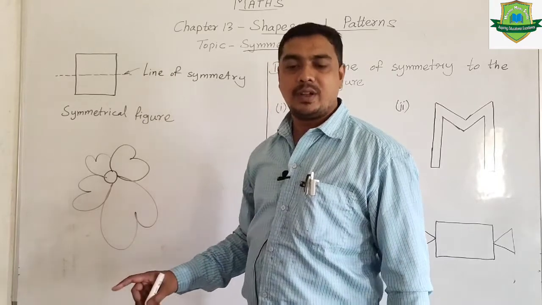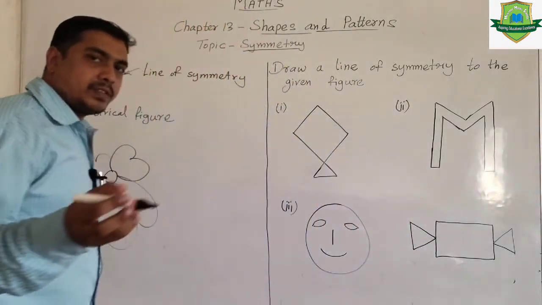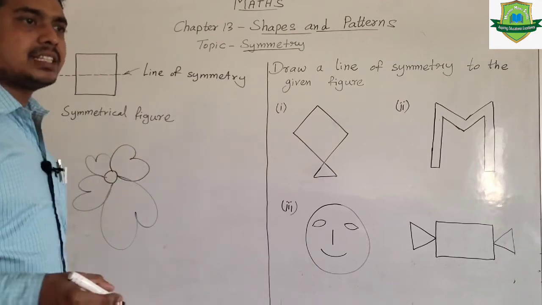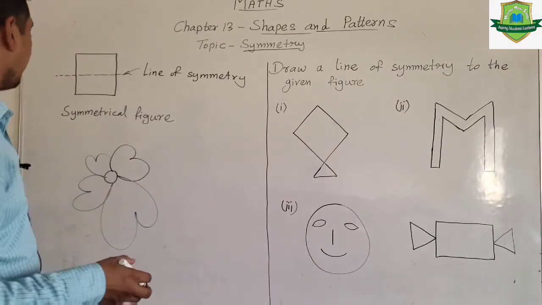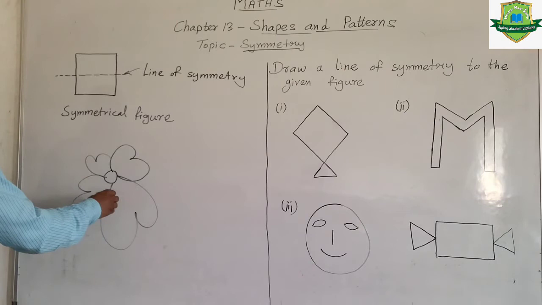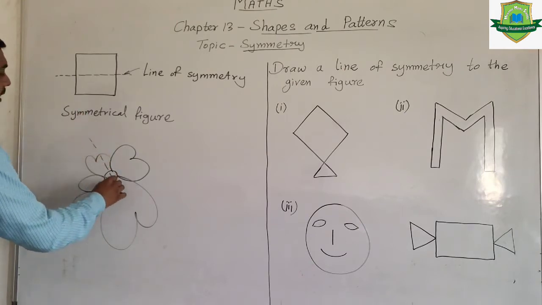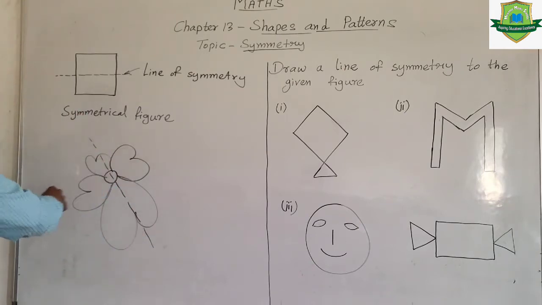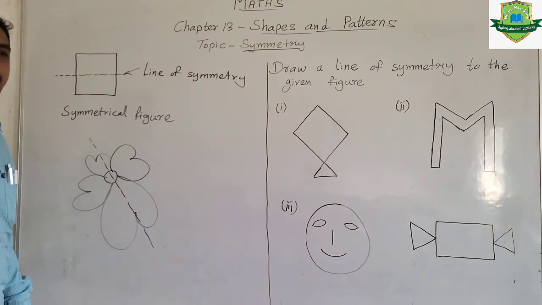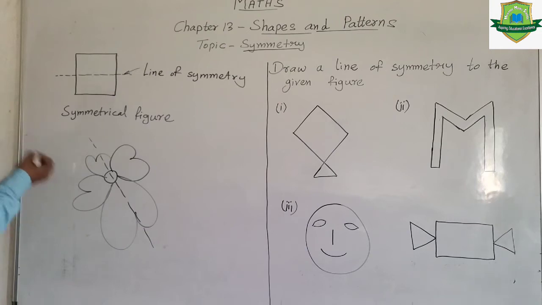I think no, isn't it? Because a line of symmetry is something which divides the figure into two equal parts. So in this flower, in any way, if I draw the line, it's not dividing into two equal parts. So such kind of figure is called a non-symmetrical figure. Or this figure is not a symmetrical figure.